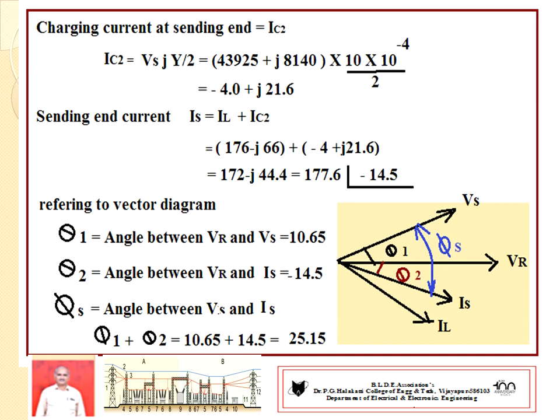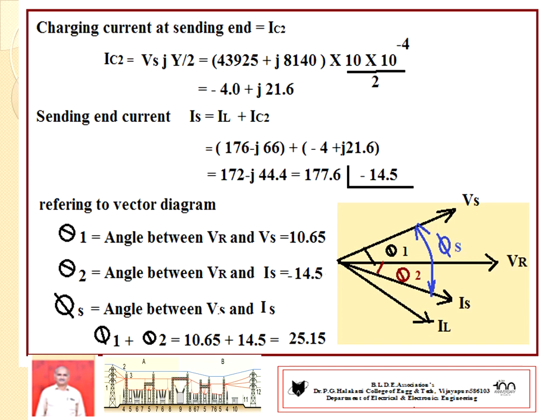That should be understood from the vector diagram, which vector is leading, which is lagging. But while calculating the angle from Vs to Is, I have to take both as positive values. I need the angle only, hence you don't consider the minus.